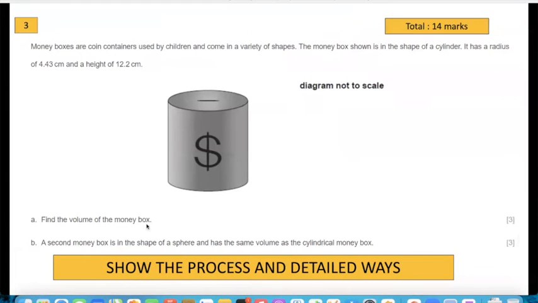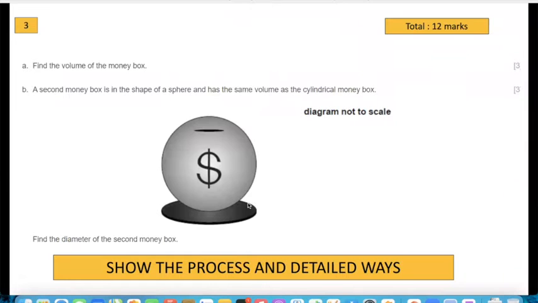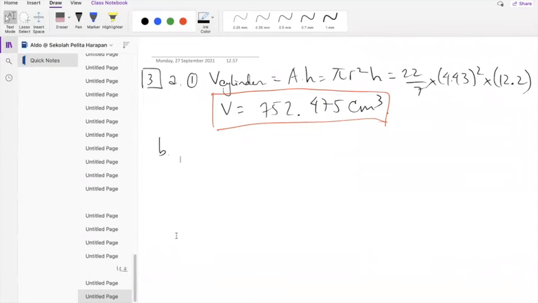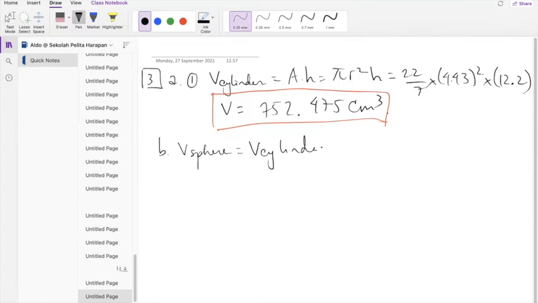A second money box is in the shape of a sphere and has the same volume as the cylindrical money box. The question is asking, please find the diameter of the second money box. So the volume is the same, so 4/3 pi r cube is equal to the cylinder volume, which is 752.